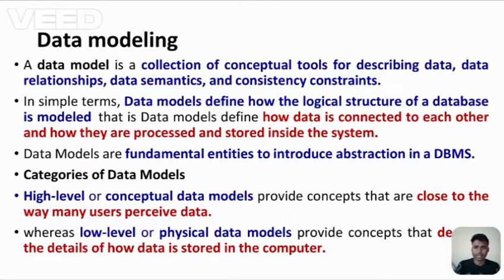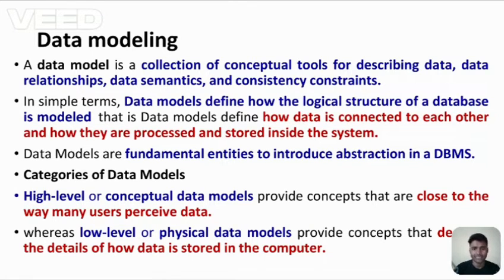Beginning with what is data modeling. A data model is a collection of conceptual tools for describing data, data relationships, and consistency constraints. In simple terms, a data model defines how the logical structure of a database is modeled. That is, data models define how data is connected to each other and how it is processed and stored inside the system.